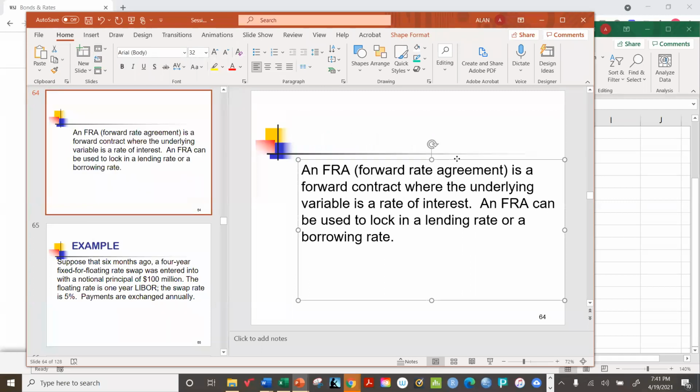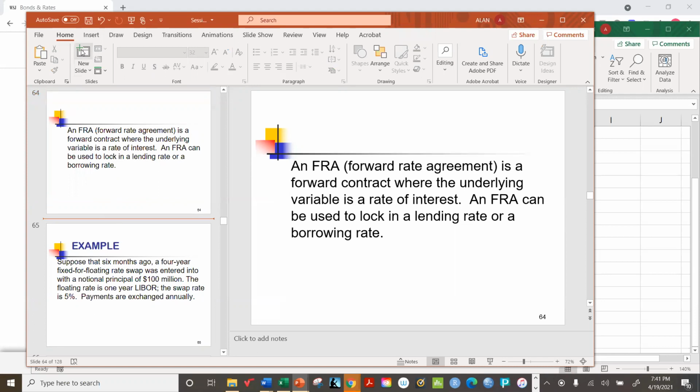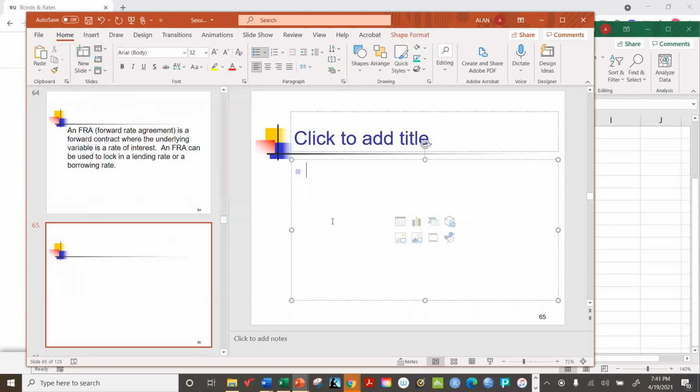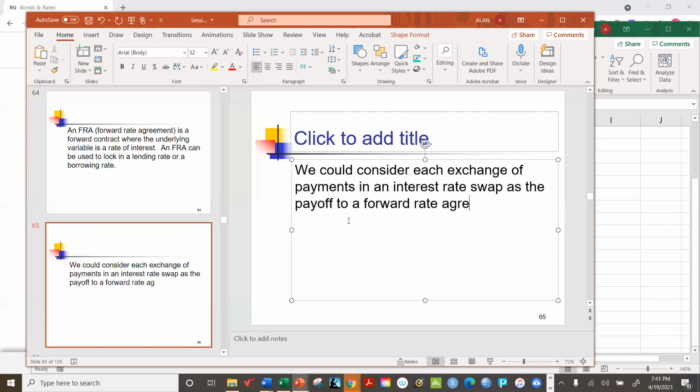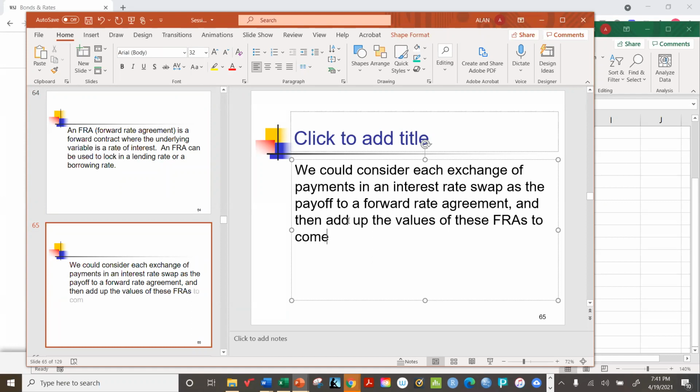So we could consider each exchange of payments in an interest rate swap as the payoff to a forward rate agreement, and then add up the values of these FRAs to come up with the price of the swap.